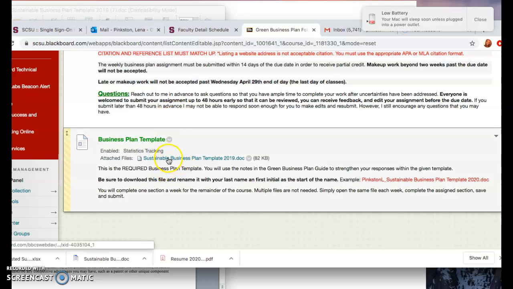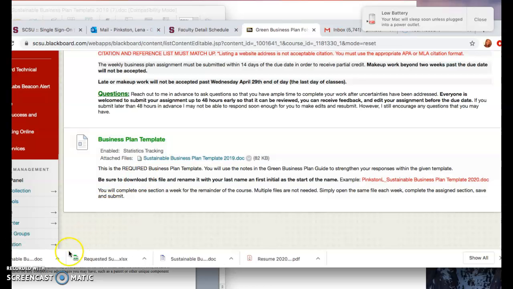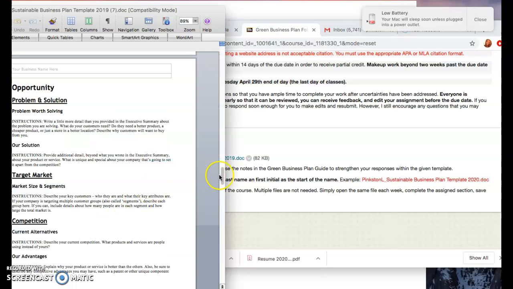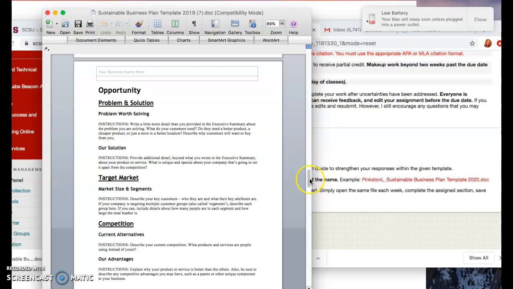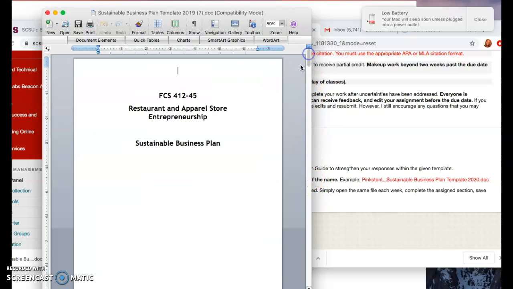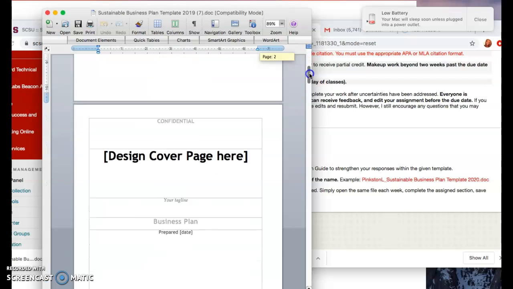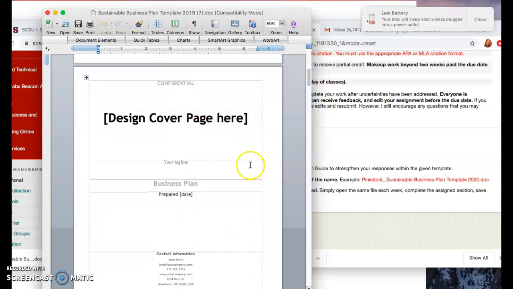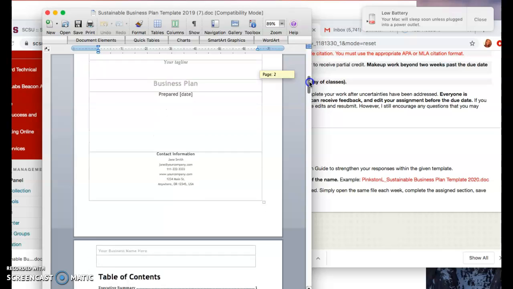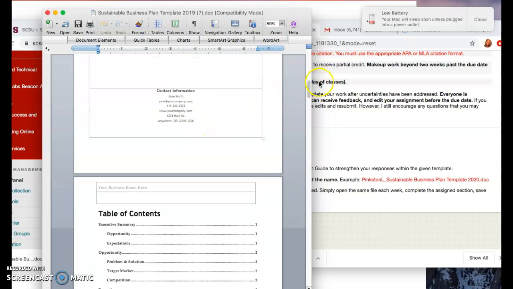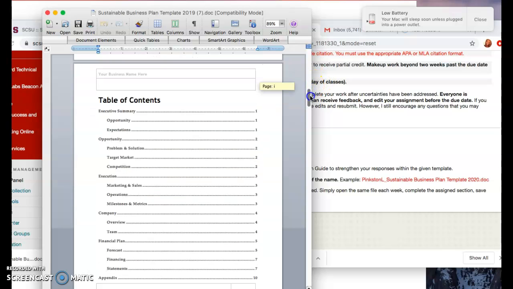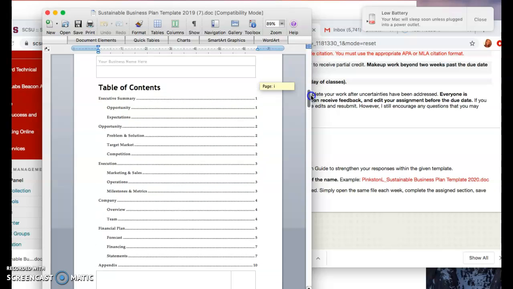This is the business plan template. Download it. It's right there for you. Okay, so this is the template. Everyone's should look the same. You put in your cover page, name of your business, your name, tagline, and your information. Do not change any of this. This is already here for you.